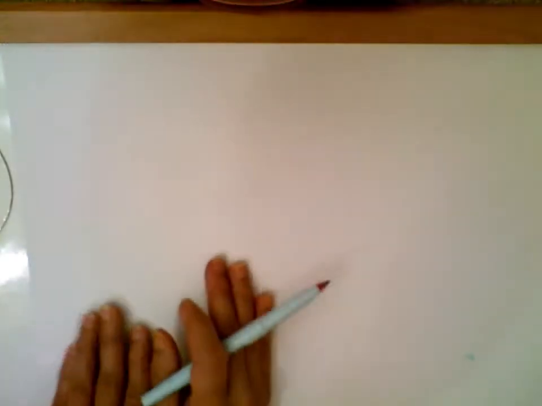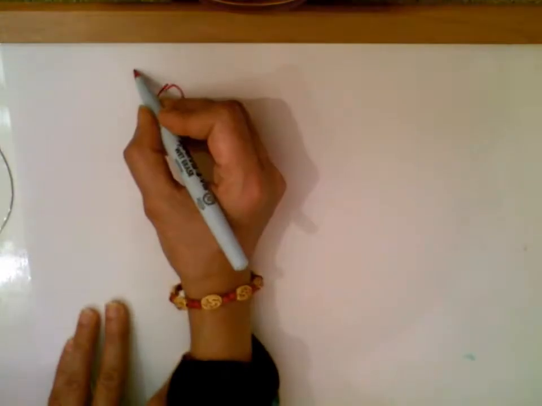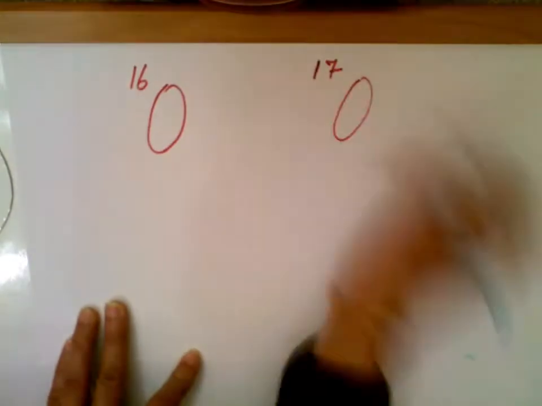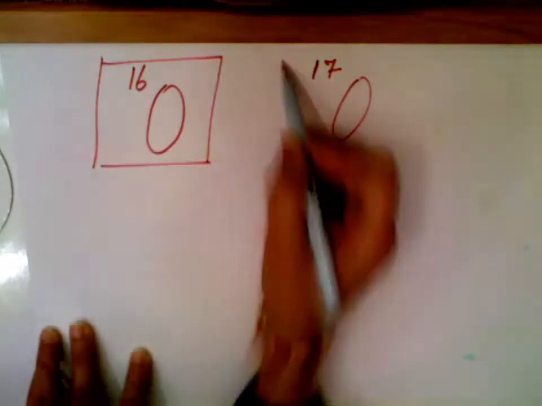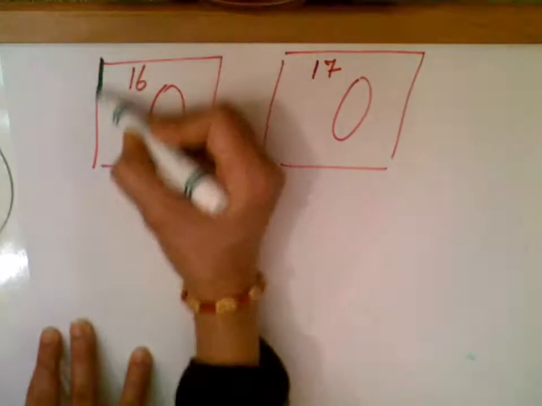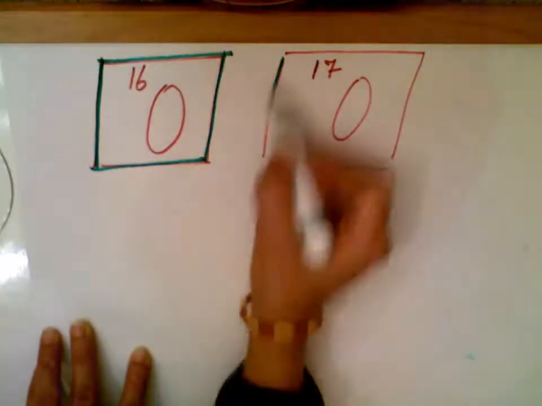Alright, let's do this one. Oxygen 16 and 17. If you have to figure out the number of protons and electrons in this problem, you will need your periodic table. Why do we need a periodic table?